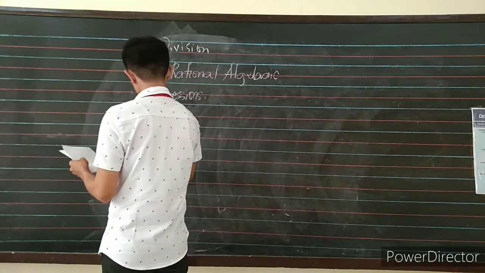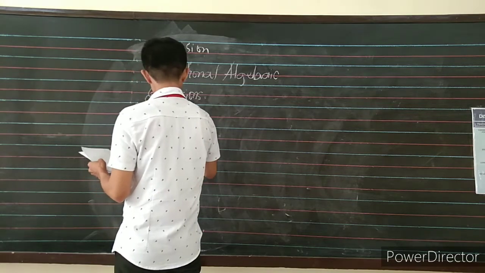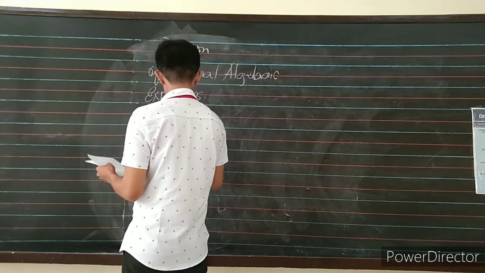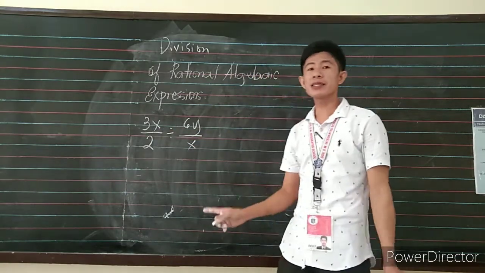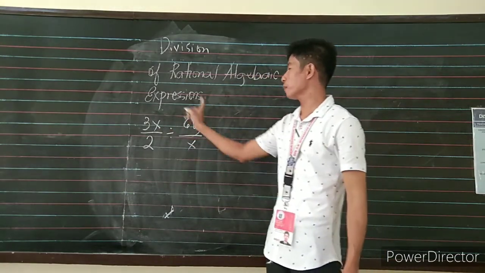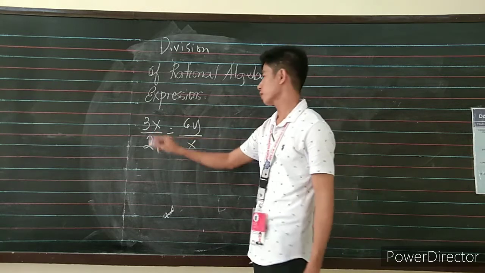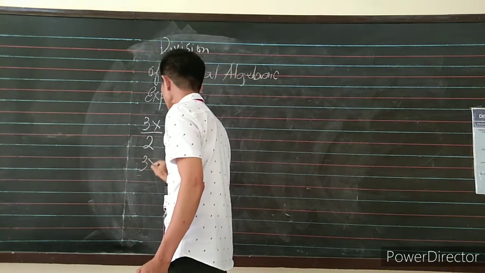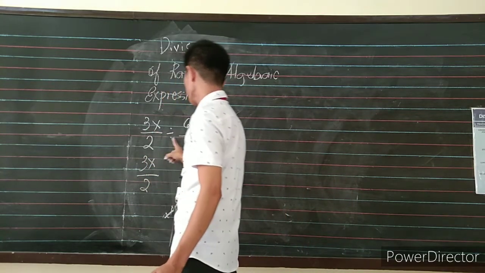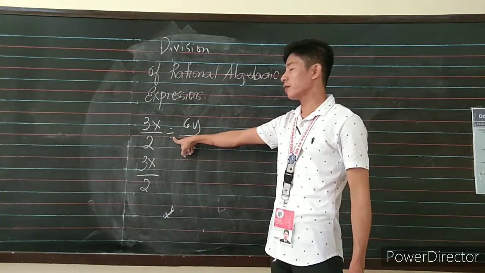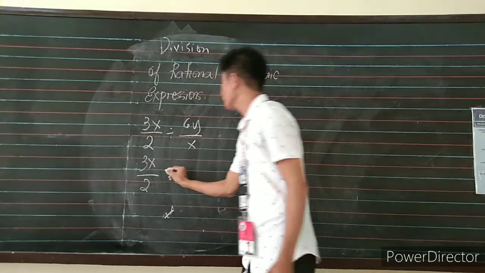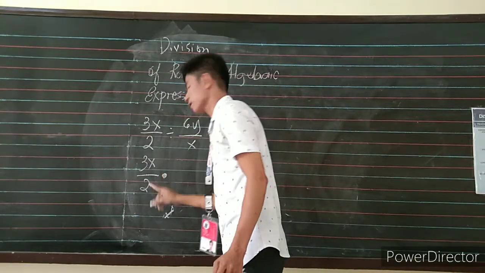For our example, we have 3x over 2 divided by 6y over x. The first thing to do is to copy the first term. We have 3x over 2, and then change the division symbol into a multiplication symbol.